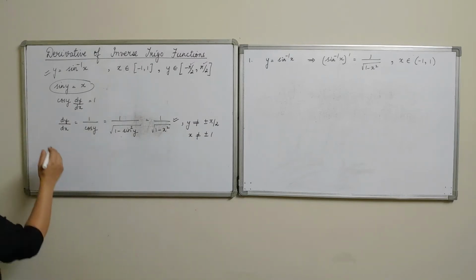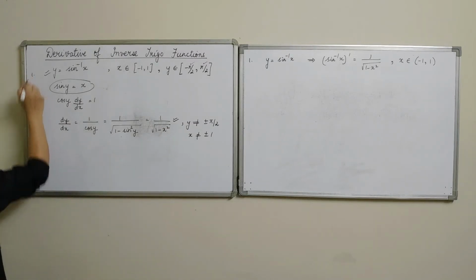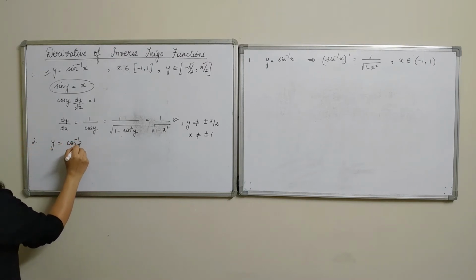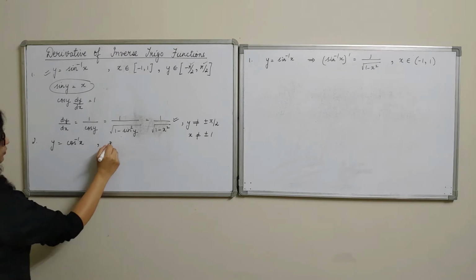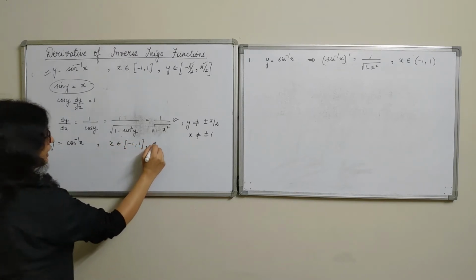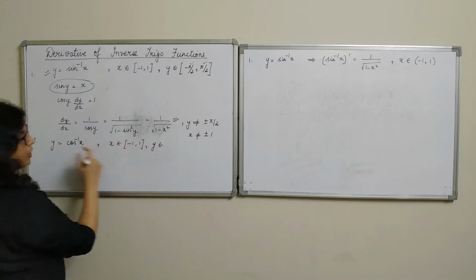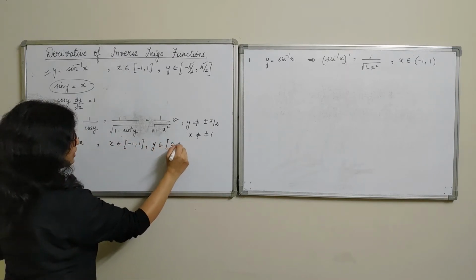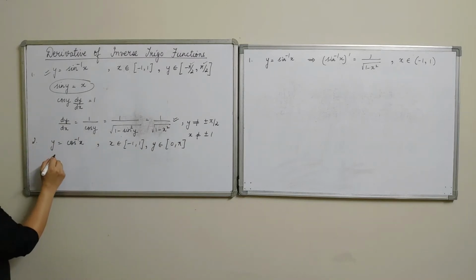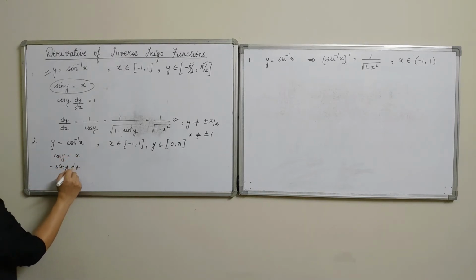Now in a similar manner, let us find out here derivative of y is equal to cos inverse x. Here again x belongs to this closed interval and y belongs to the principal branch of the cos inverse function, which is the closed interval 0 to pi. So the equation can be written as cos y is equal to x, differentiating both sides with respect to x.